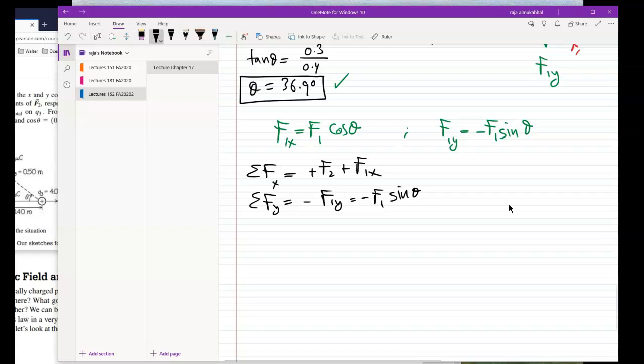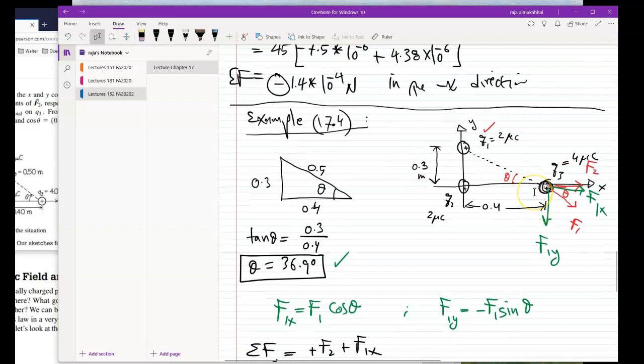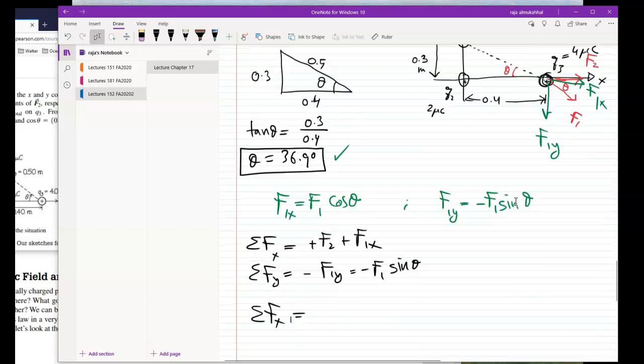And so I'm building it up slowly. Now I need to work on both of them, starting with sigma F sub x. That's going to be F2 right here. Well, what is F2? Just Coulomb's law. F2 is this Q2 and with Q3, the distance between them is 0.4. So just K Q2 Q3 over R squared, which is 0.4 squared.